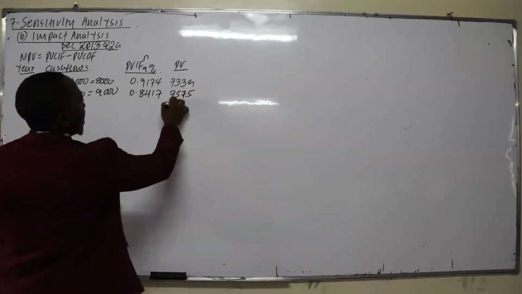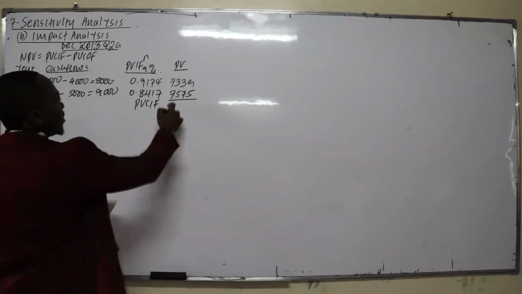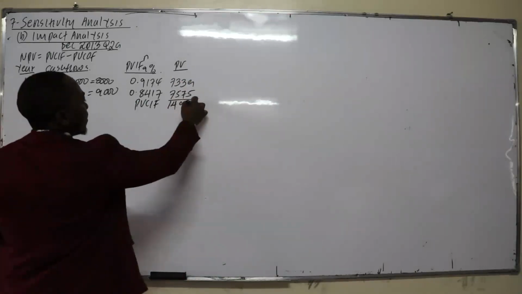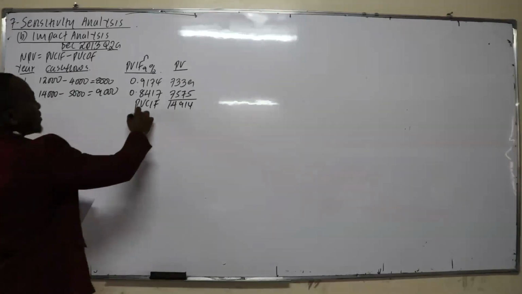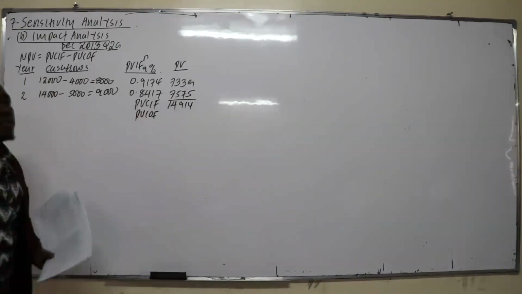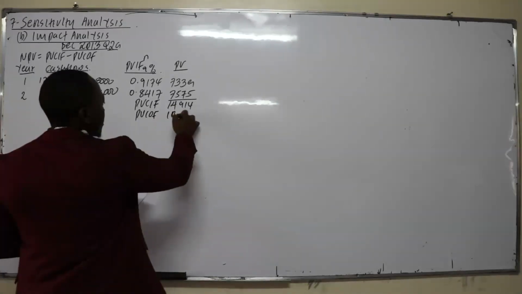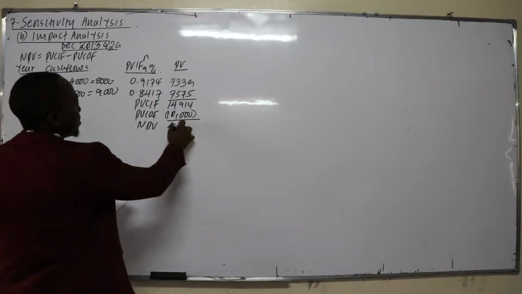Good. Now let's add the two to get the present value of cash inflow. You get 14,914. Good. So the objective is to get NPV. To get NPV, you deduct the present value of cash outflow. How much was the initial cost? The initial cost we have is 10,000. So that means the net present value of the project will be 4,940.